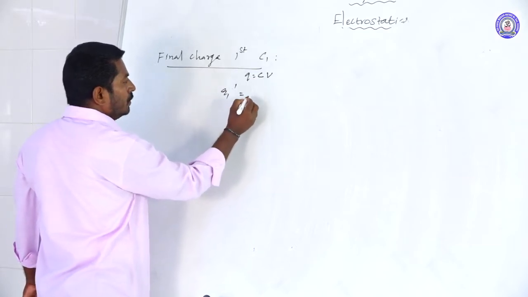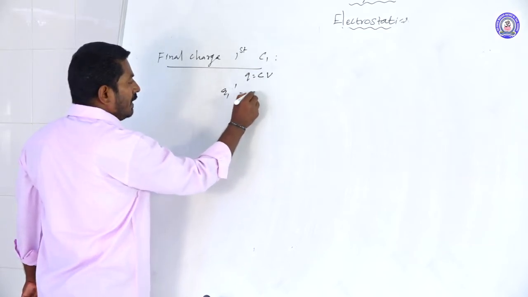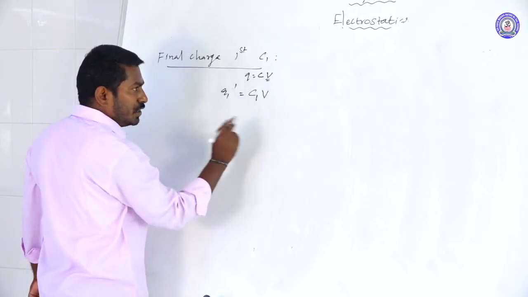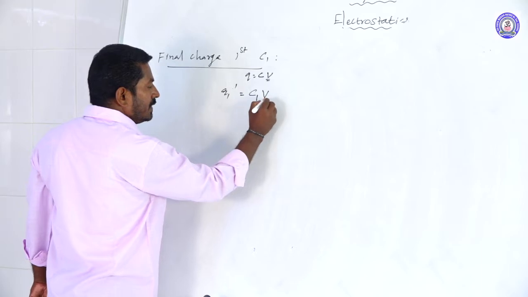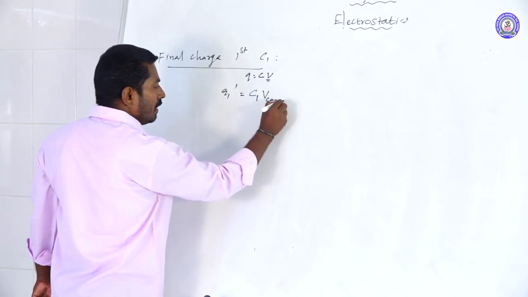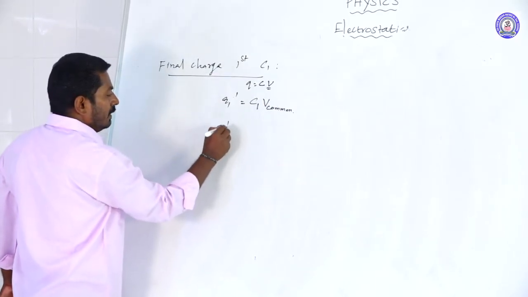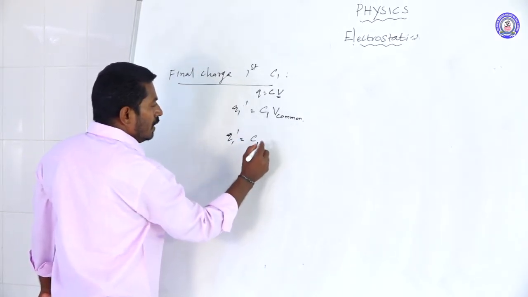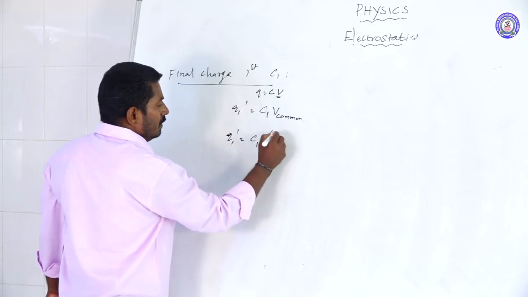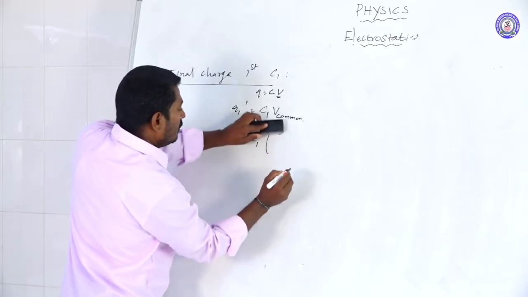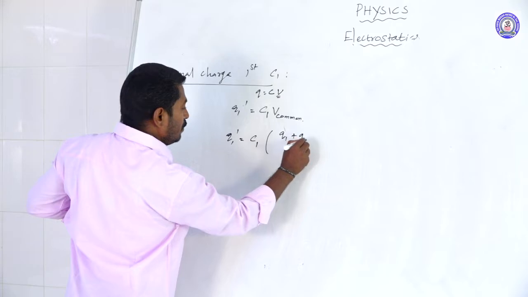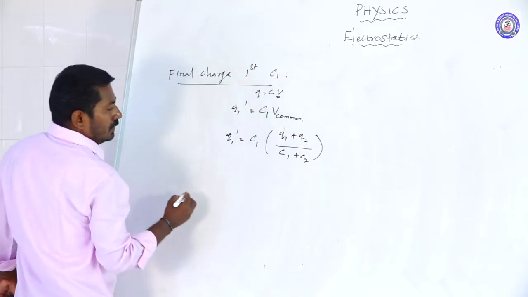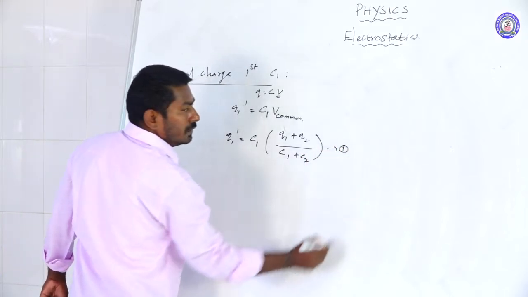Q1 prime is equal to C1, the capacitance of the first capacitor, times V, the common potential after distribution. Both capacitors attain a common potential V common. So Q1 prime is equal to C1 times the common potential, total charge Q1 plus Q2 divided by total capacitance C1 plus C2. This is equation number 1.